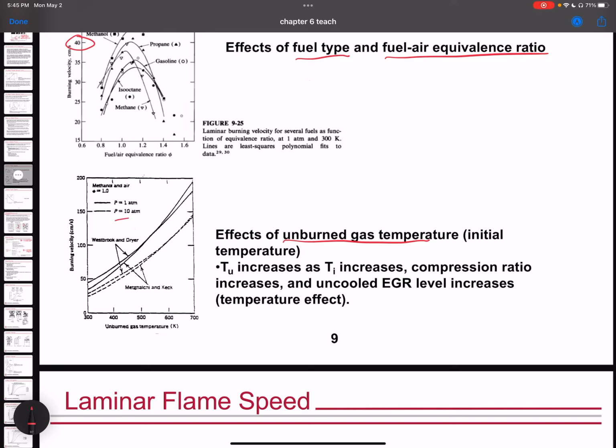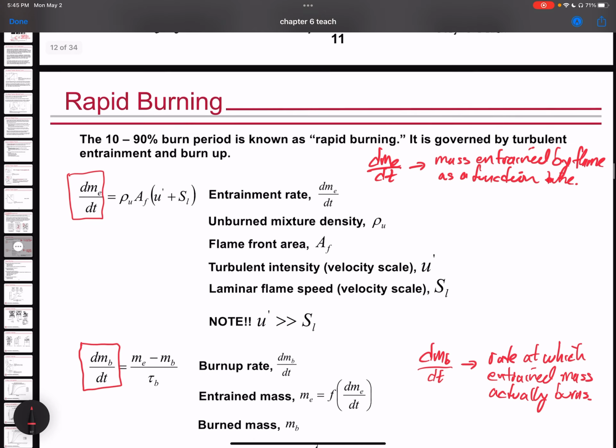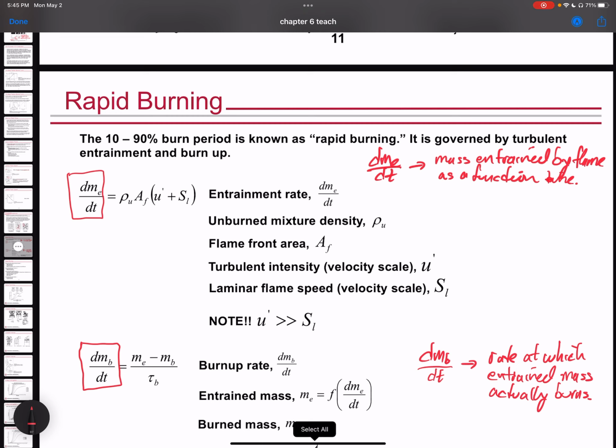We also want to look at the various factors affecting this entrainment rate. There are basically four factors that affect the rate of entrainment. The first is the density of the unburned mixture. The second is the flame front area, AF.